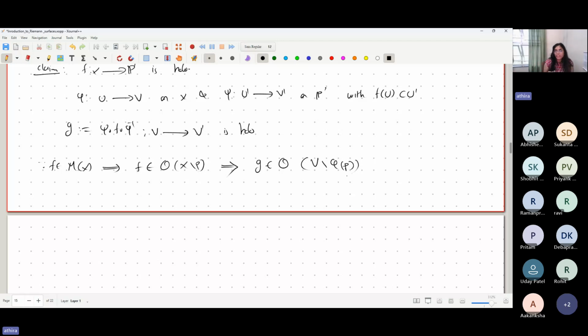For each pole of f, we will extend the function holomorphically to the point at infinity.